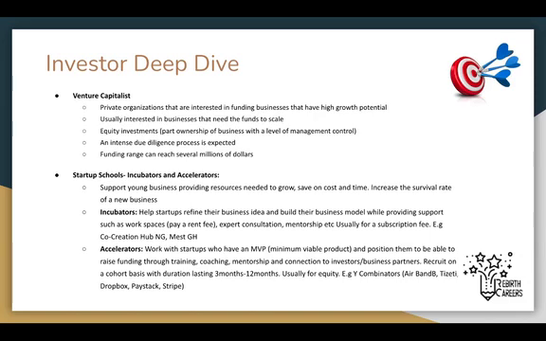And what accelerators do is work with these businesses to position them to be able to raise the funding that they need. So they provide the coaching, the mentorship, the training, and the connections to investors and business partners. They also help in ensuring that you are polished, let me call it that, to attract bigger rounds of investment and funding.